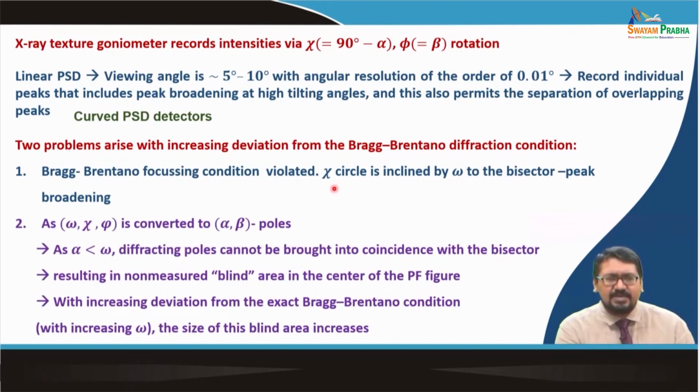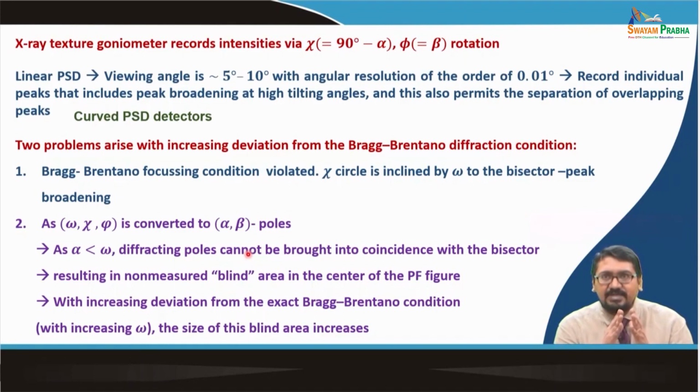Secondly, as the omega, zeta and phi have to be converted into alpha and beta poles, the alpha is always less than omega, and the diffracting poles cannot be brought into coincidence with the bisector.